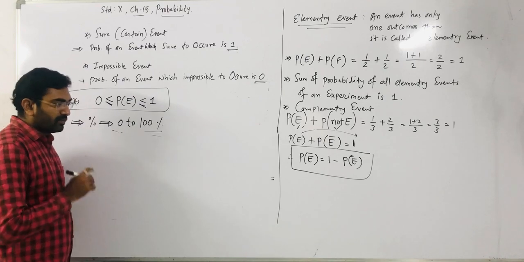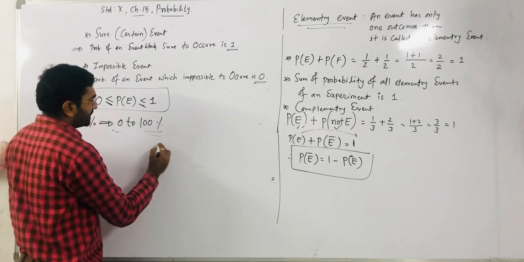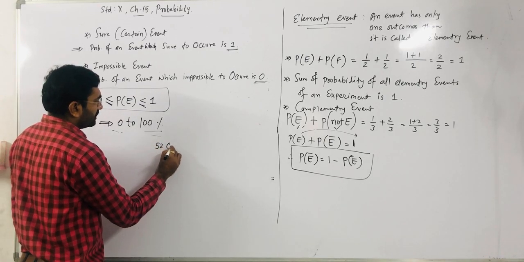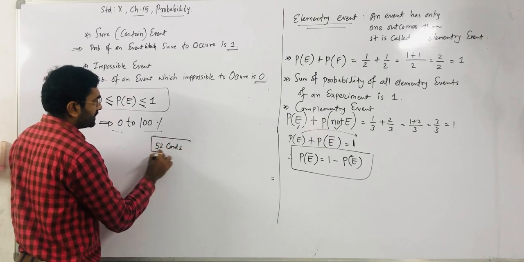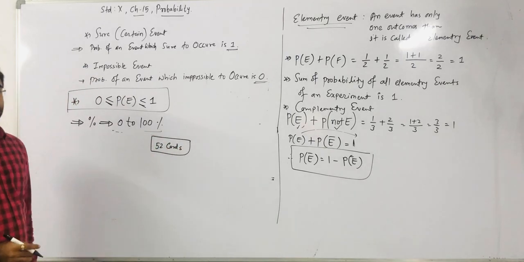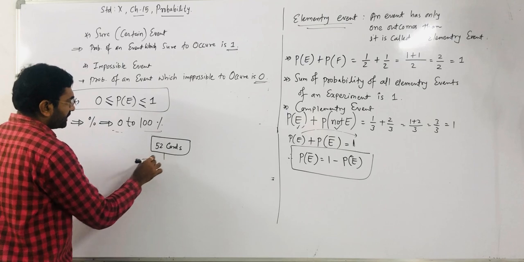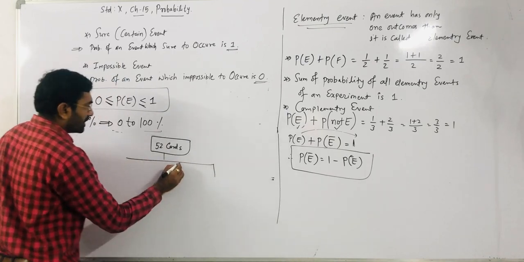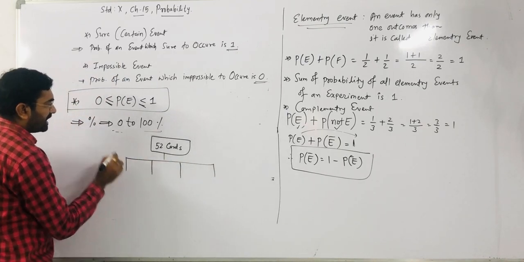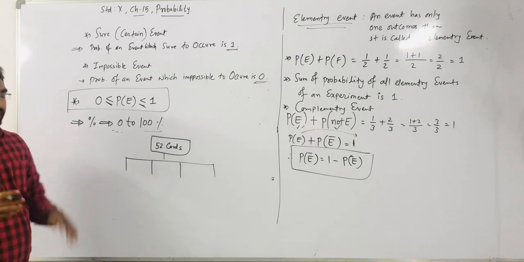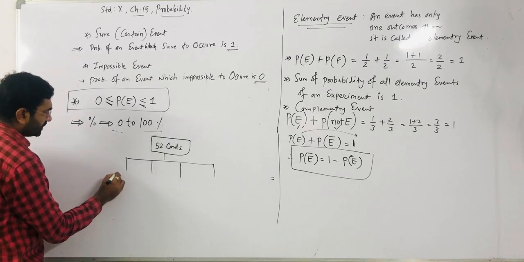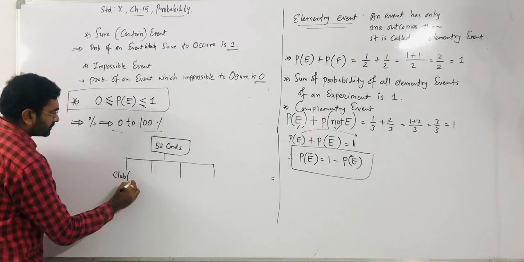In one deck, there are 52 cards. Okay, because sometimes they may ask sums regarding cards. In one deck there are 52 cards, and the 52 cards are divided into 4 parts. Suppose there is a club, right?